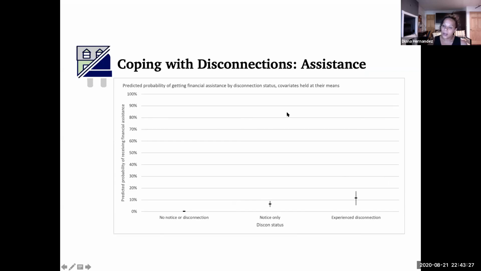And you would think that would come with seeking and receiving assistance, but the number of households seeking assistance is actually far less, even though it's more than those that just receive a notice or a disconnection or nothing at all. But in comparison to those taking matters into their own hands, for instance, by foregoing meals or medicine, it's far less.